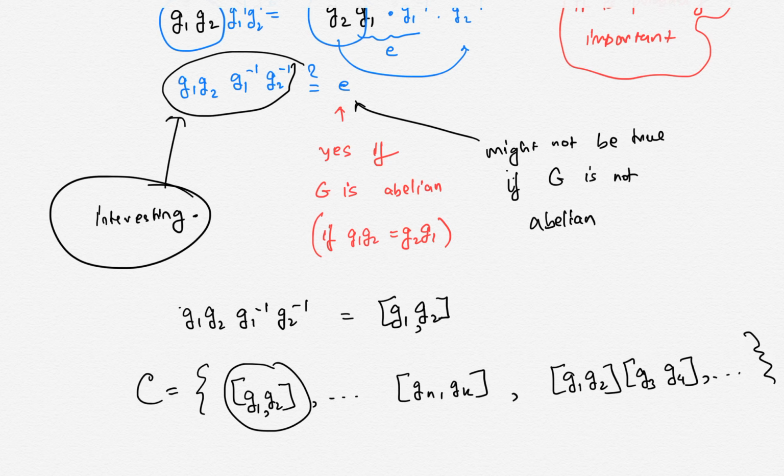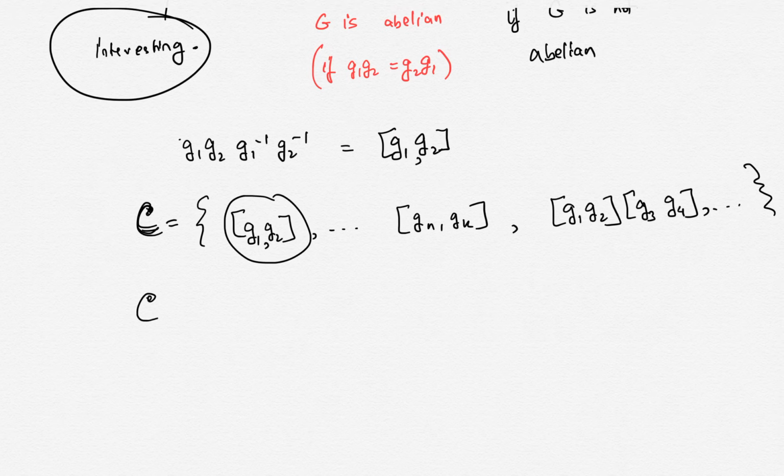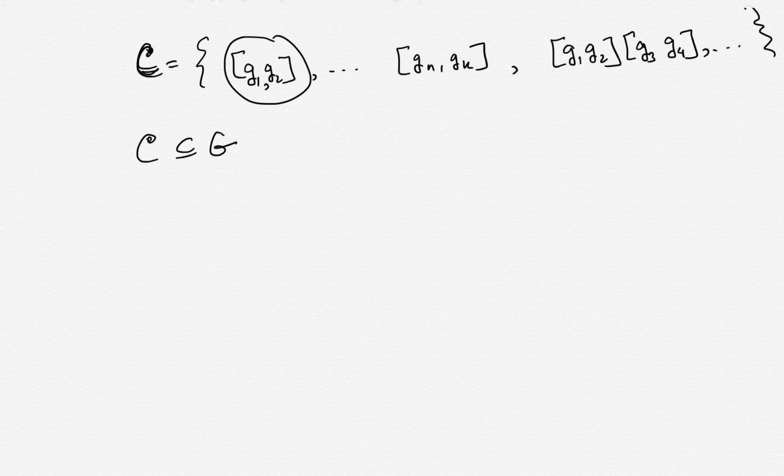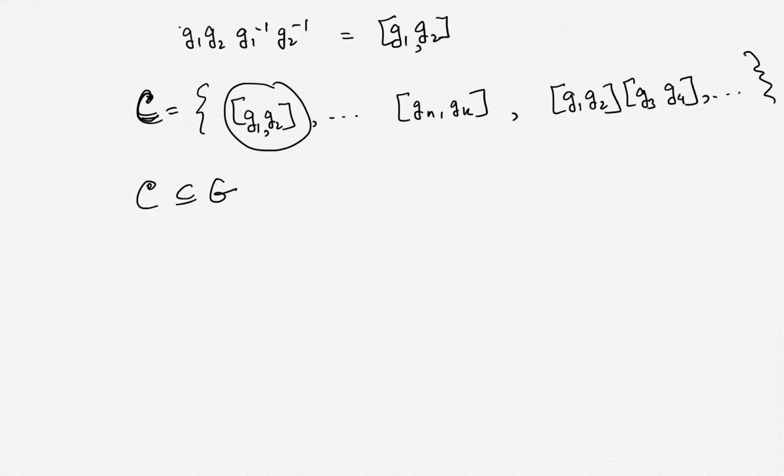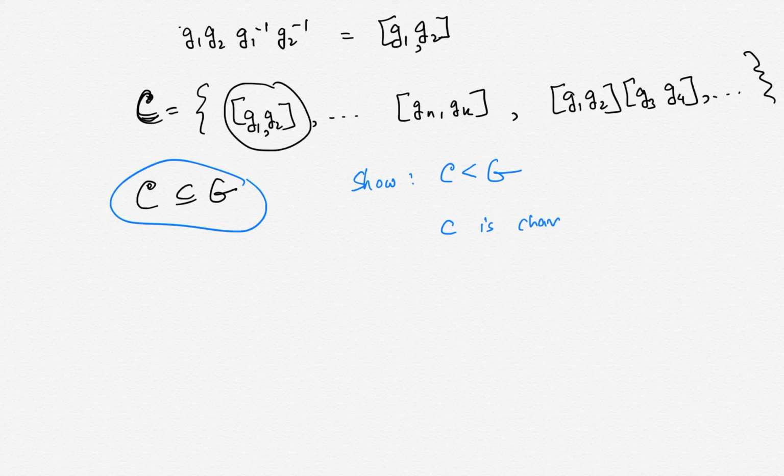So you collect all possible combinations of these commutator elements and you get a set C. This set C is a subset of G, of course, because you're making it with elements of G. But we will be showing that C is a subgroup of G, and not only that, C is characteristic in G.